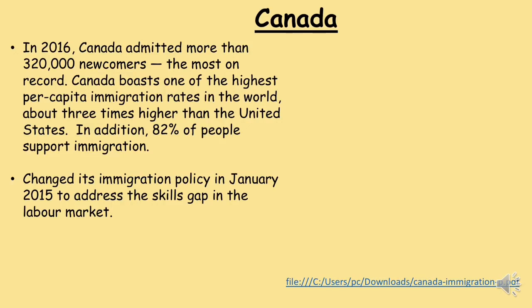So you can see it's reasonably similar to the Australian example, where they're looking for specific jobs that need to be filled. Potential migrants in Canada are ranked on a 1,200 point system, which enables young, highly skilled immigrants to be fast-tracked.